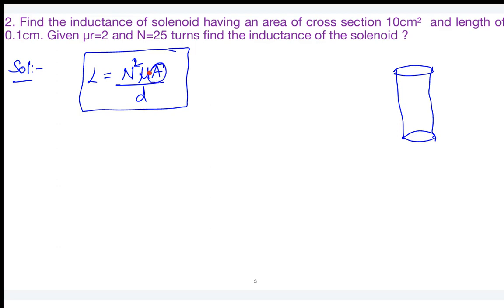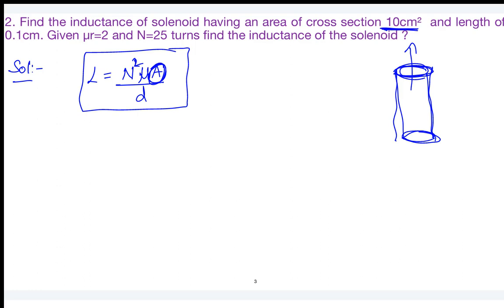When you are taking a solenoid, is it the cross-sectional area or the surface area? Cross-sectional area, good. Because the flux is in the upward direction, you should take the cross-sectional area. That's the reason I have given the cross-sectional area as 10 centimeters square. You can straight away take that.